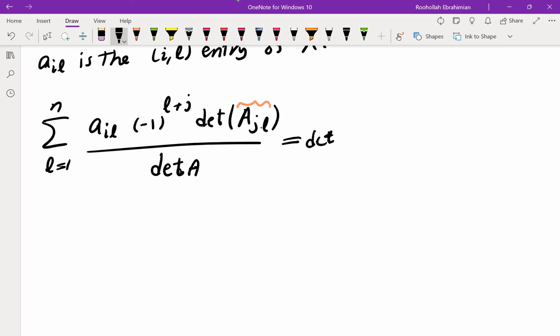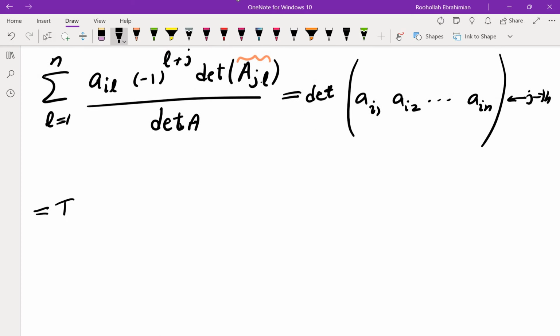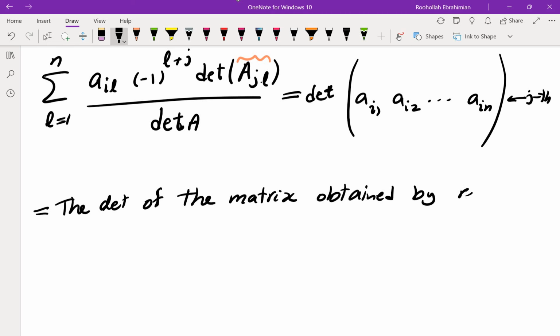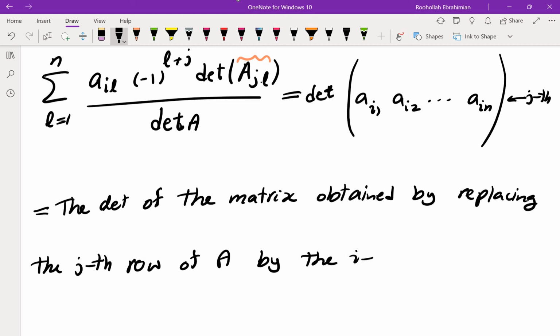It means if you take A and replace the jth row by A_i1, A_i2, all the way to A_in, and the rest of this is A. So this is the determinant of the matrix obtained by replacing the jth row of A by the ith row of A.